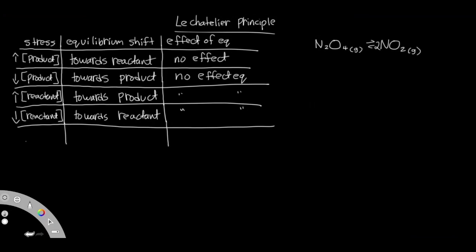For pressure, we're going to start with an increase in pressure. When you increase pressure, where is the shift going to go? Well, in this manner, rather than saying towards reactant or product, we're going to talk about particle formation, whether it's going to go towards a fewer particle formation or a greater particle formation.